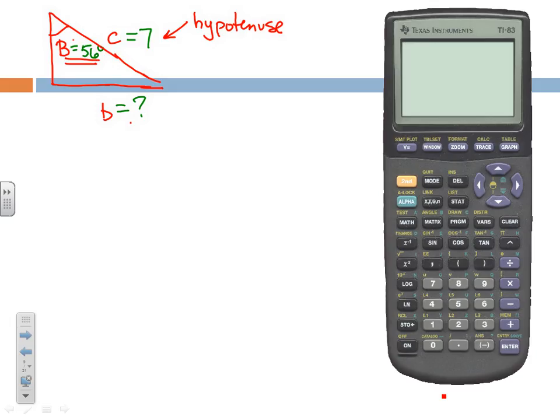Side B, if we look at our angle B, side B is opposite angle B. So what I'm looking for is a function that has opposite and a hypotenuse.